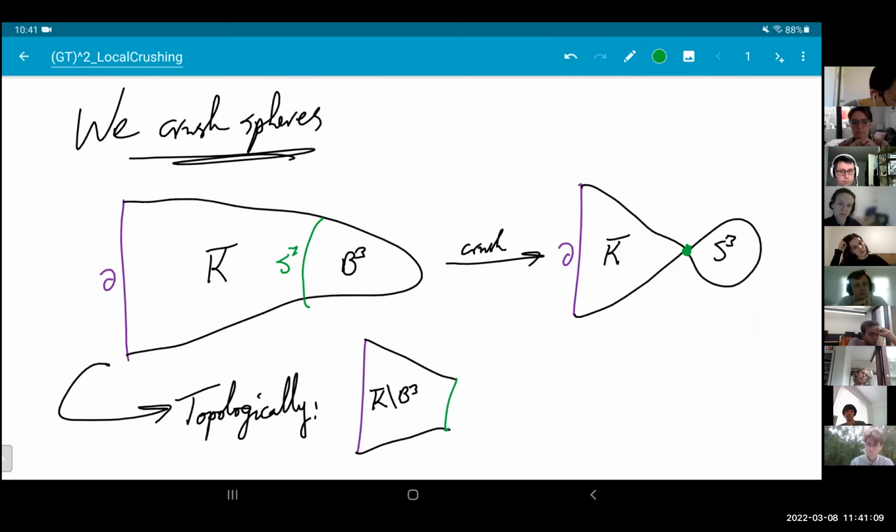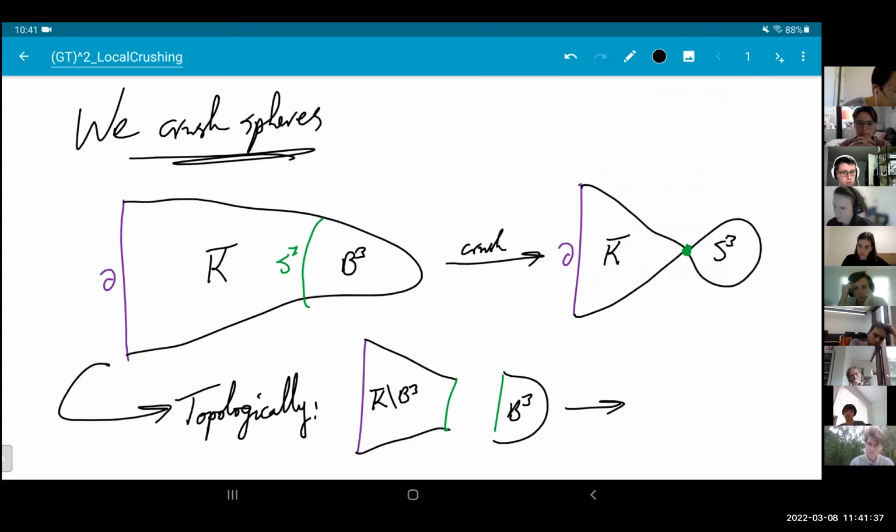And we've also cut along the sphere and then filled those two boundary spheres with balls. So we've undone a connected sum, which people here probably know, but in this case, a trivial connected sum.